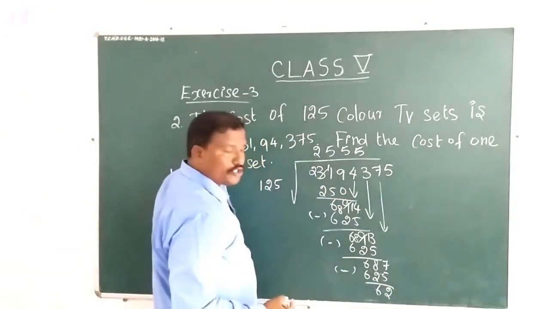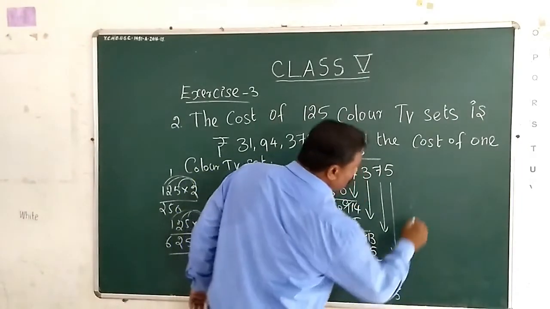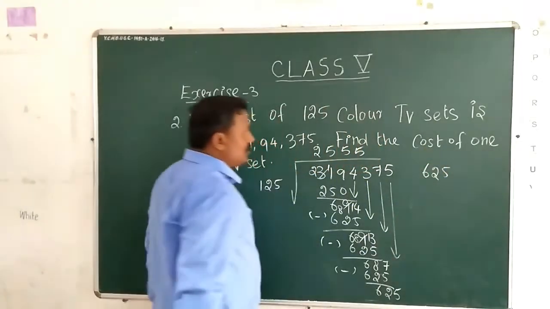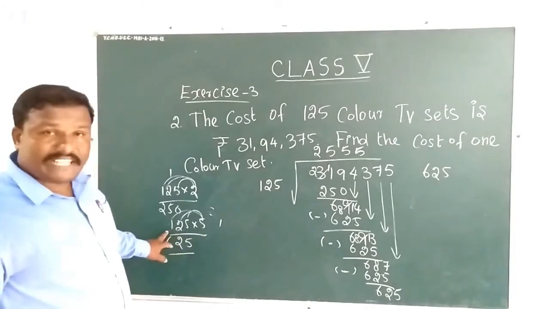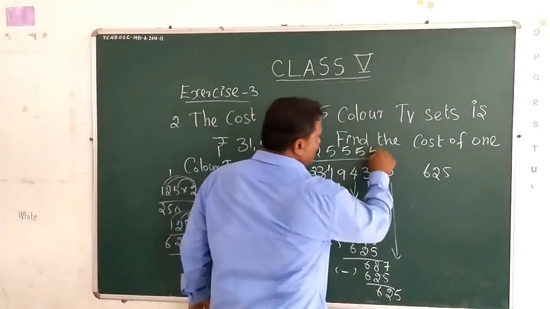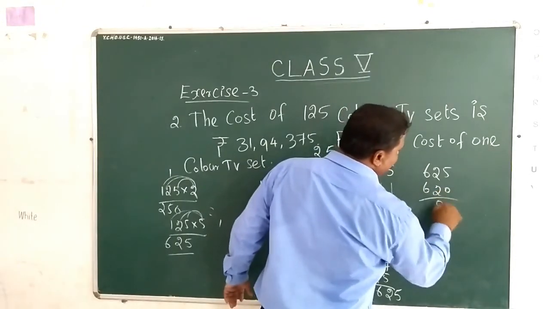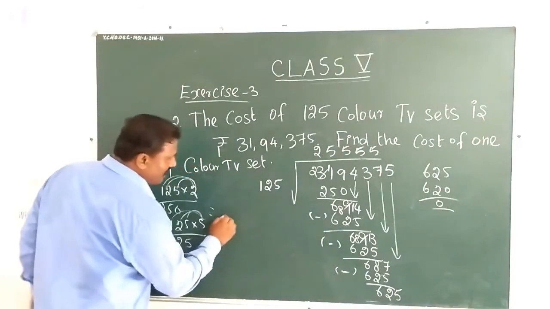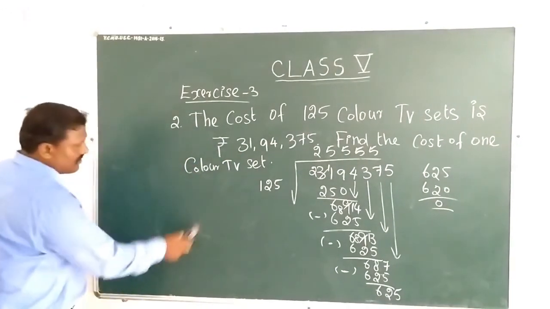So remainder 62. But one more number, 5, is there, no? So I will put here 625. So if you see 625, we can divide 5 times exactly. So 5 125s are 625, then we get remainder 0. So what is the answer? So 1 TV cost, I will rough this.